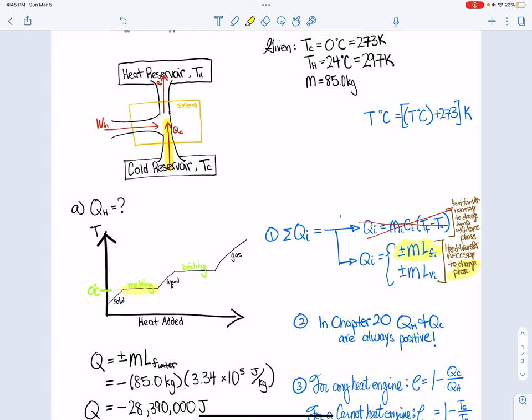So net Q is equal to positive QC because that's adding QC into the system. And I subtract QH out of the system, right? So that is my total Q.